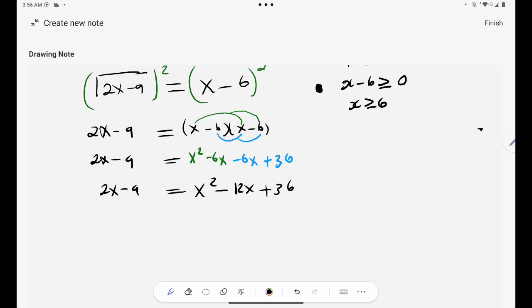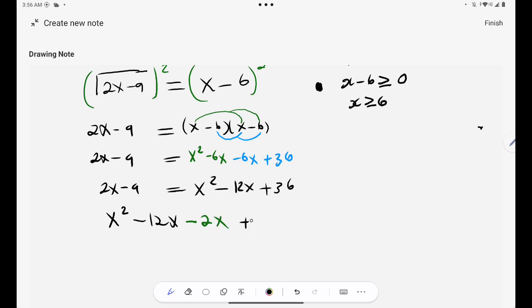The next thing that I must do is to make my equation to be in standard form. So I will have x squared minus 12x minus 2x plus 36 plus 9.